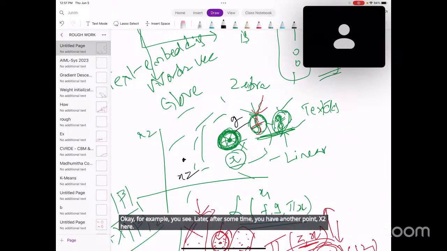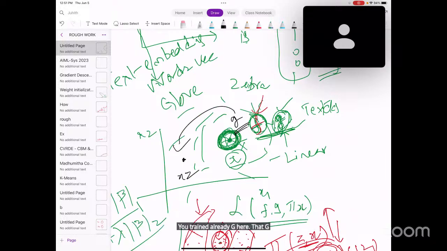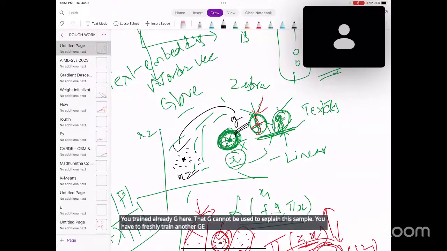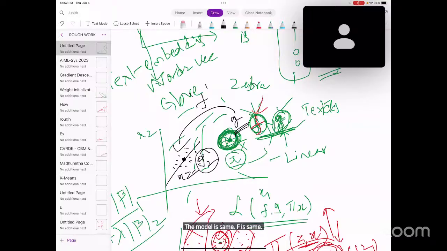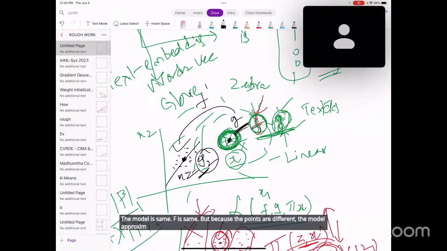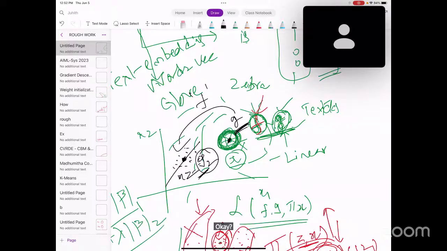You trained G already here. That G cannot be used to explain this sample. You have to freshly train another G within the neighborhood and take that G2 as an explanation for this sample. The model F is the same, but because the points are different, the model approximations are also different, and explanations can also be different. Okay, is this clear?